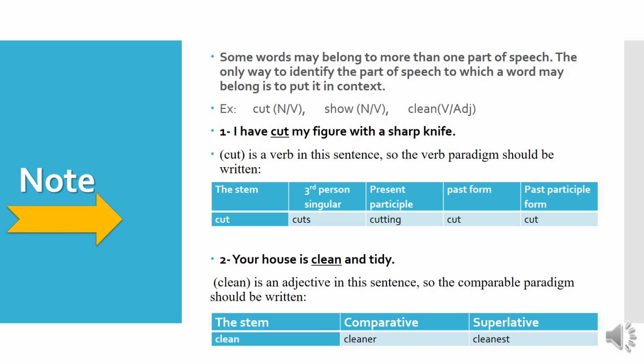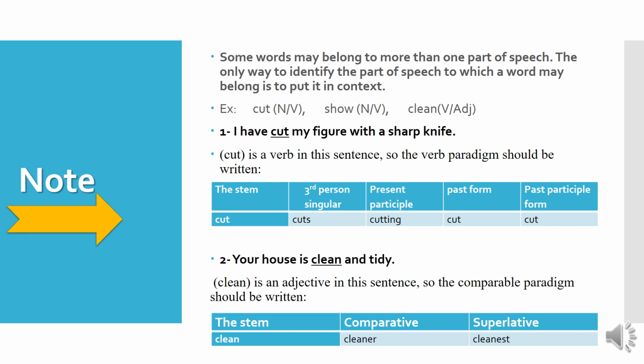Or I can put between two brackets the part of speech, for example, I put verb or noun or adjective or adverb, etc. But if I don't do that, I will put the word in context in a sentence to recognize whether the word belongs to this part of speech or to that part of speech, and accordingly, you can write the inflectional paradigm for this word.